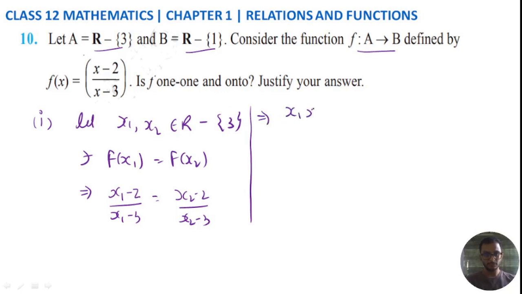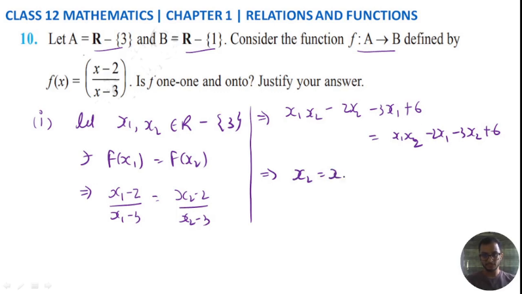By this we get x1x2 minus 2x2 minus 3x1 plus 6 equals x1x2 minus 2x1 minus 3x2 plus 6, which will give 3x2 minus 2x2, that is x2, equals minus 2x1 plus 3x1, that is x1. So we got what we wanted, that is x1 equals x2.